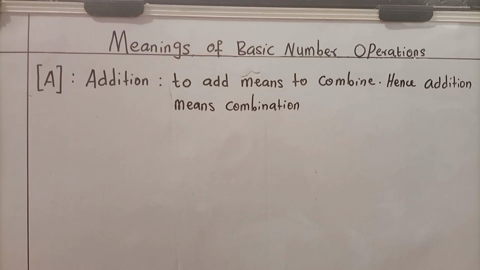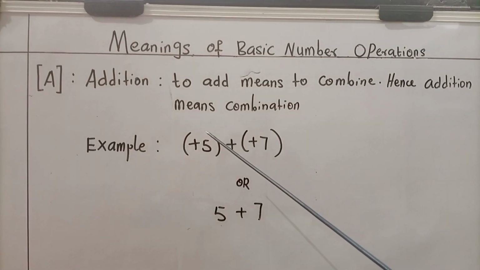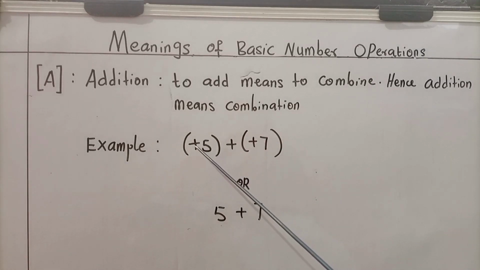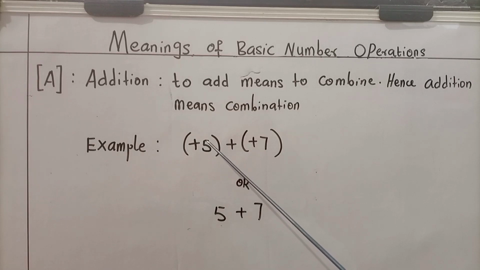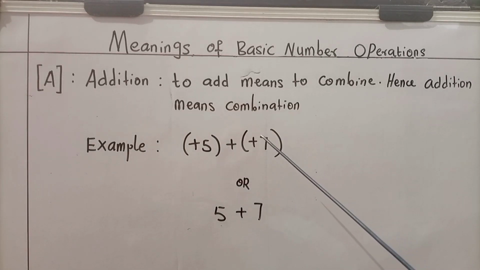Let us illustrate with a simple example. The example is (+5) + (+7). The brackets are helping us to achieve a particular goal. This plus that precedes 5 tells us that this 5 is what you have.